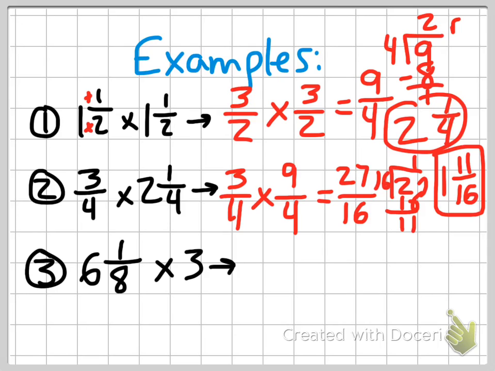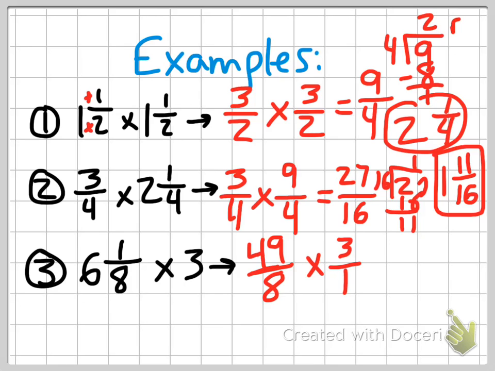So now if we're multiplying a mixed number by a whole number, for the mixed number you're going to do the same thing, right, Alondra? 6 times 8 is going to give me 48, plus 1 is 49 over 8 times 3 over 1.